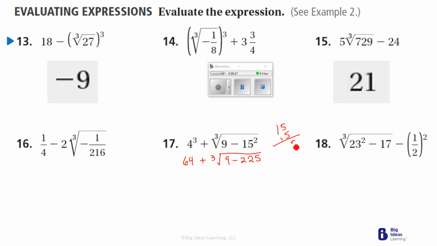You can see that you're going to get 25, and that's going to give you 7. And then you're going to have 150. That will equal 225. All right, so now we got to do the math here. There's going to be 64 plus 3 times the square root of, basically we're going to be taking 9 away from here, right? And that's going to give us a 6 and a 1. So 216, negative 216.